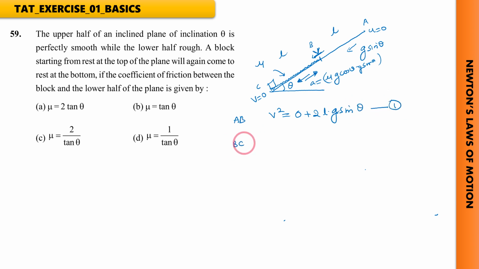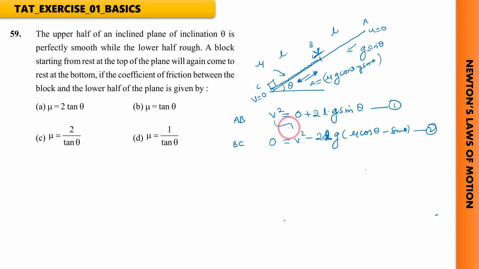For part BC, the initial velocity is v and the final velocity is 0. So 0 square equals v square minus 2 L a. Minus we are taking because it is the case of retardation and a is upside, right? And how much will a be? a will be g into bracket mu cos theta minus sin theta. This is equation number 2.